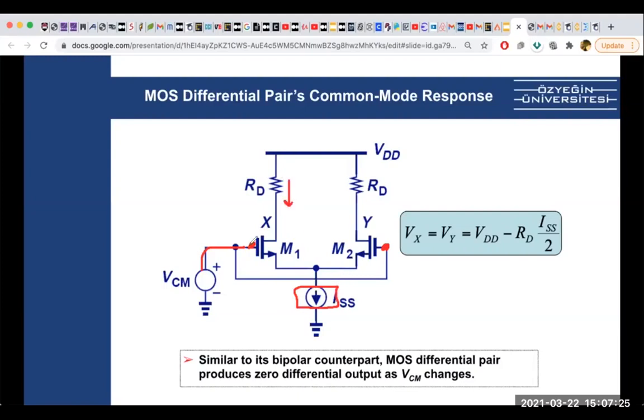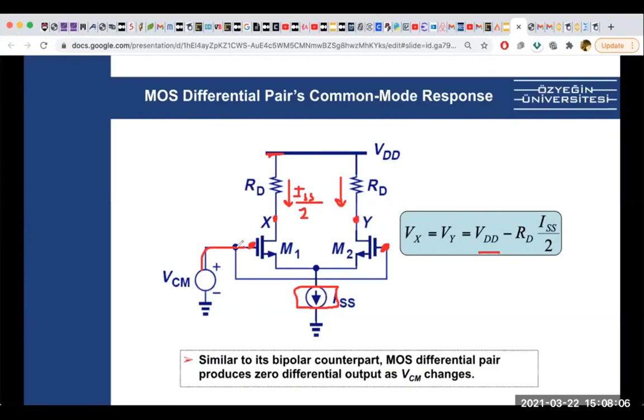If they are both the same voltages at these gates, the currents through here and here will be ISS over 2, right? Because they won't be fighting each other. They are the same voltages. And this voltage, basically X or Y, will be VDD minus this resistor times ISS divided by 2. So as you can see, Vx and Vy will be the same voltage.